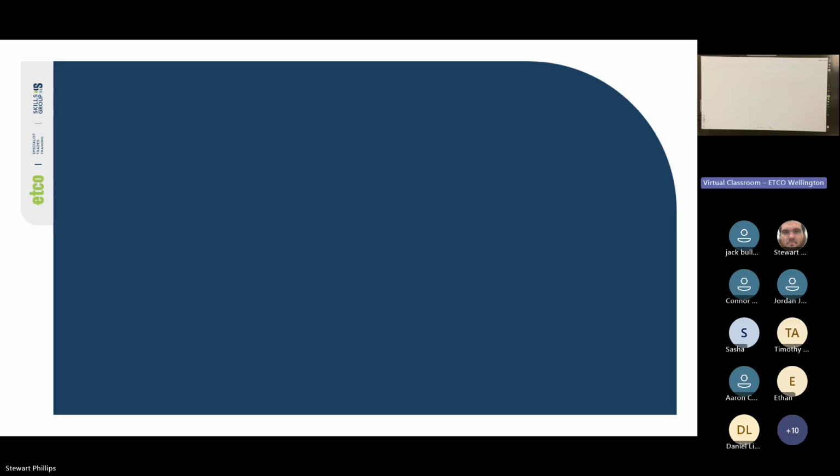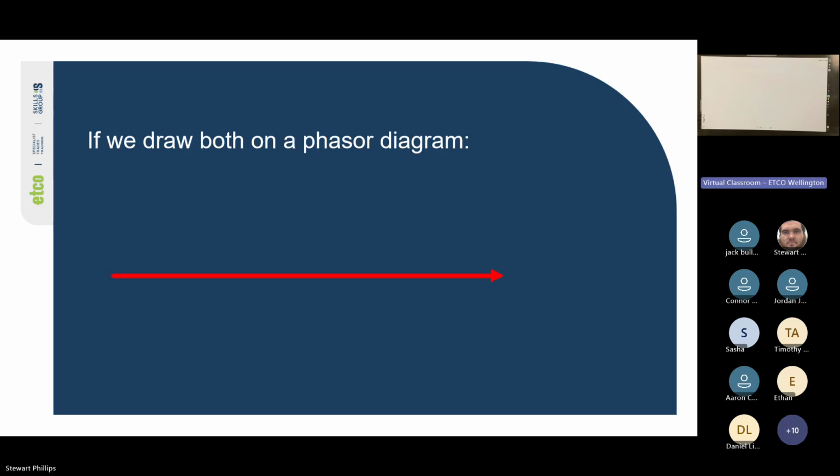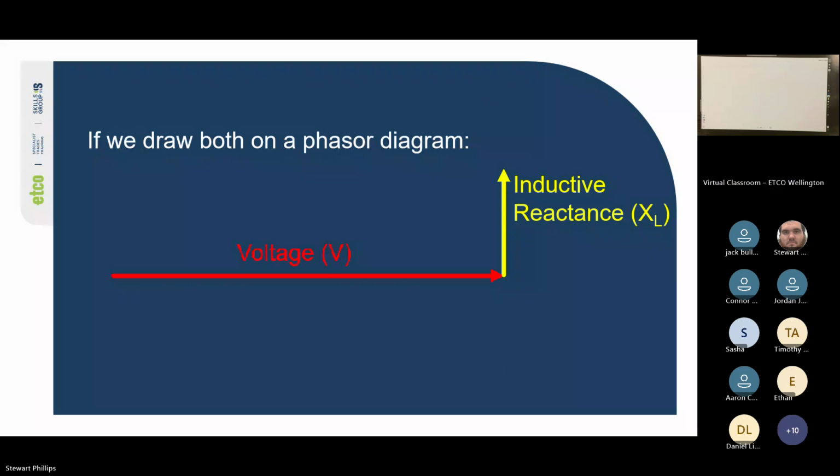So XL points upwards, representing the lagging current. If we were to draw it on a phasor diagram, we have our horizontal reference line. This is our voltage or our resistance. Then we have our vertical, which is our inductive reactance, or XL.